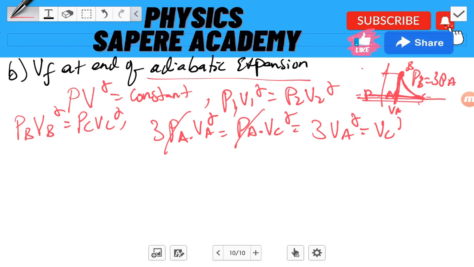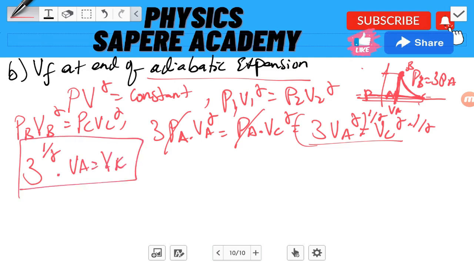So from this equation ሁለቱንም side by 1 over gamma ባባዛቸው 3 to the 1 over gamma multiplied by VA equals VC ያገኛለሁ. So my volume at the end of the expansion VC is VA multiplied by 3 to the 1 over gamma.